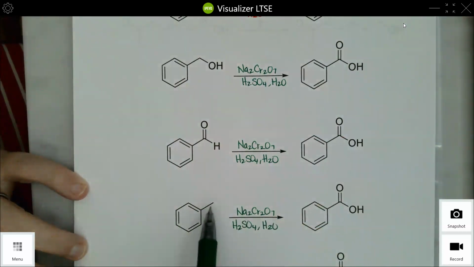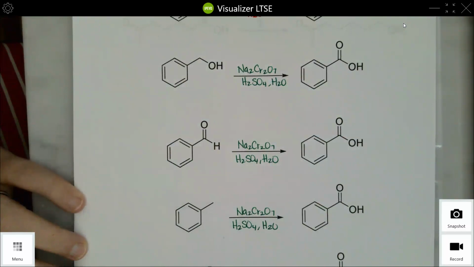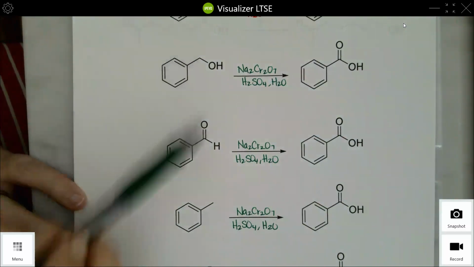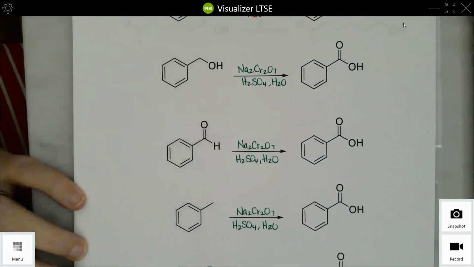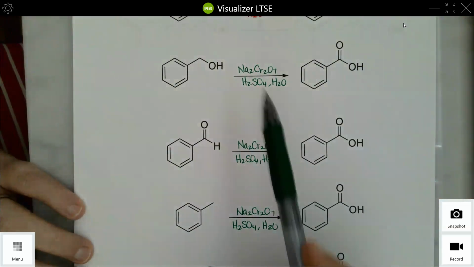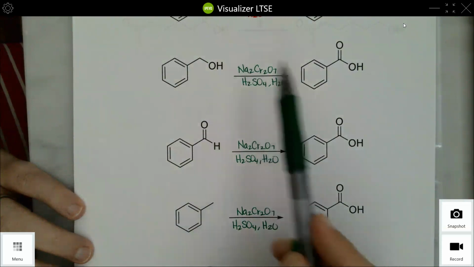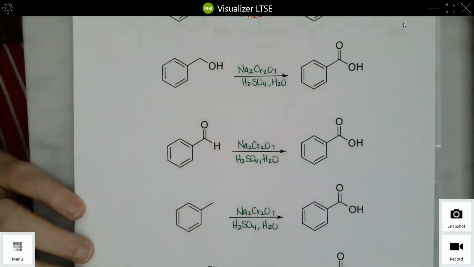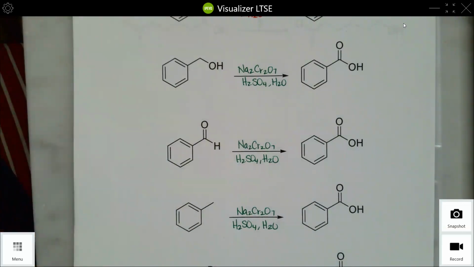We just need to have at least one hydrogen here for it to be able to be oxidized. And we can also oxidize alcohols and aldehydes all the way up to the carboxylic acid, but we need the strongest oxidizing agent. So PCC, for example, would not be strong enough because that would stop at the aldehyde stage. We need the stronger oxidizing agent, sodium dichromate.